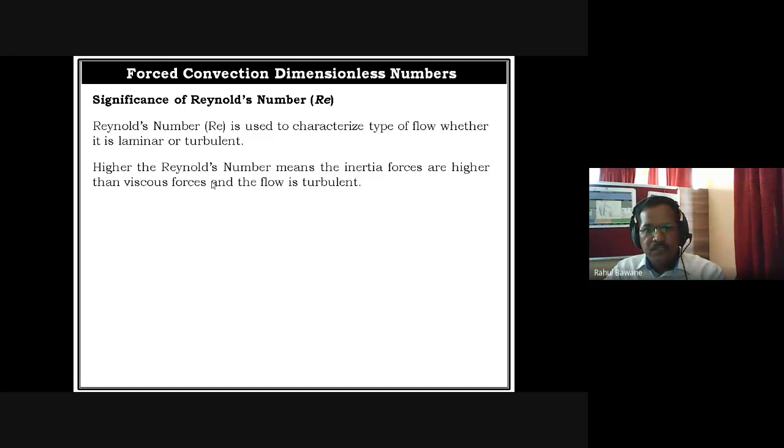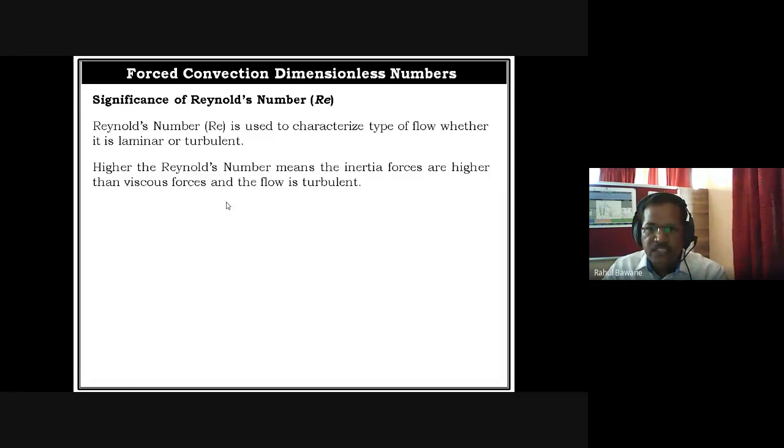Higher Reynolds number means inertia forces are higher than the viscous force. What is the role of viscous force? Viscous force tries to stick the layers of fluid together and does not allow the layers to shift; it tries to bond them so they flow together. In general language, we can say it is the frictional force between two layers of a fluid.